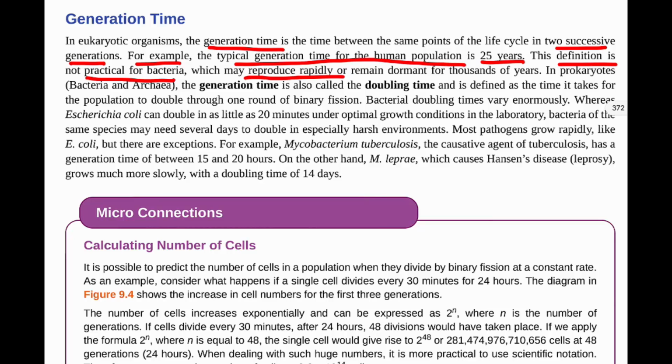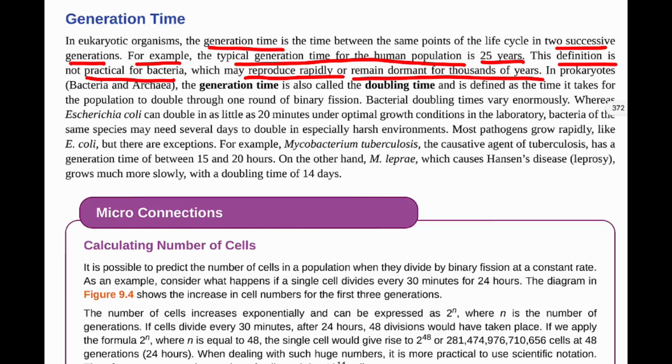Also, others remain dormant for thousands of years. So you can't really say that that organism has a generation time of thousands and thousands of years. It just happens to be dormant at that time. But once it goes through the process of making generations, then it may be much faster than that.